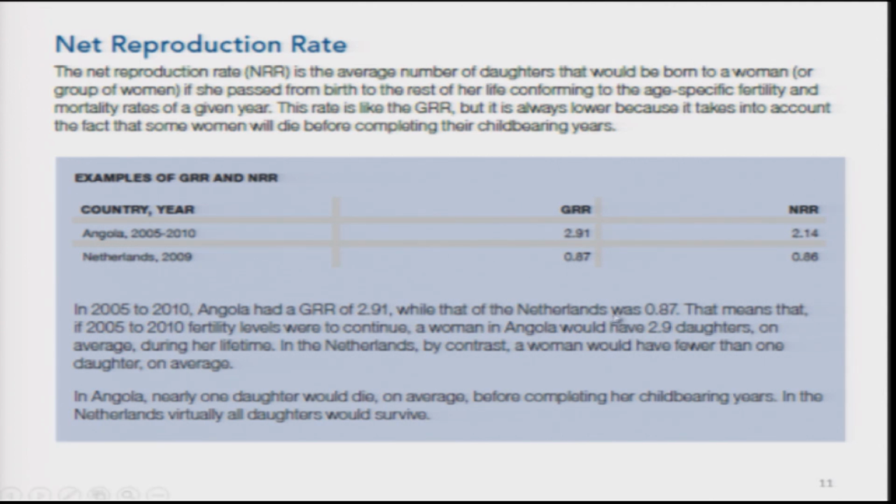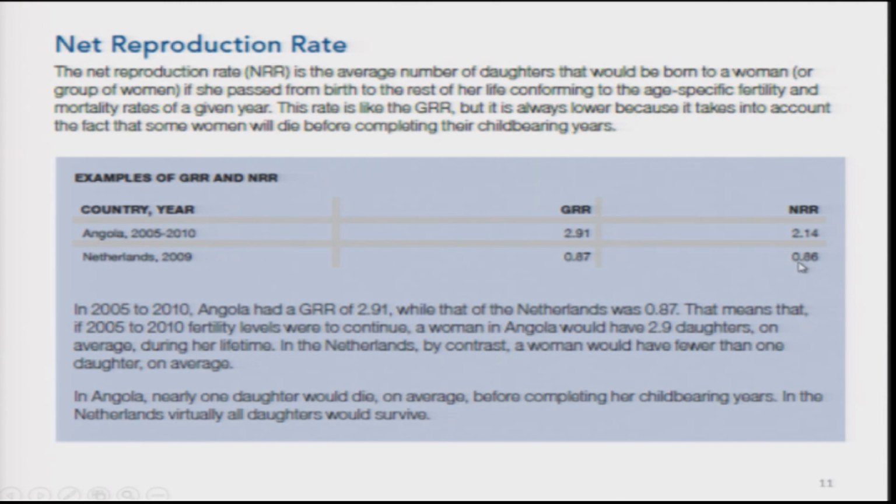Here are the examples of gross reproduction rate and net reproduction rate. Angola 2005 to 10, gross reproduction rate was 2.91, net reproduction rate was 2.14. In Netherlands, gross reproduction rate in 2009 was 0.87 and net reproduction rate was 0.86. You notice that in Netherlands 2009, there is not much difference between gross reproduction rate and net reproduction rate.